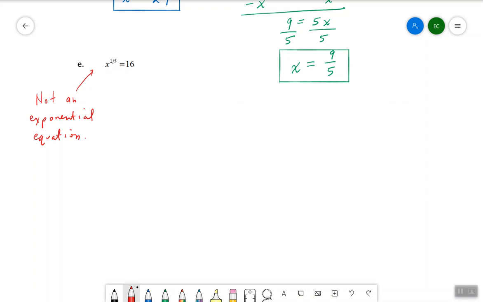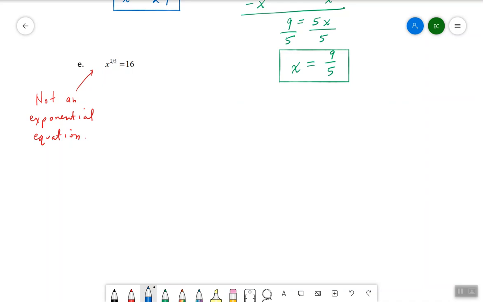Okay, so the variable is back down in the base like it used to be in chapters 1, 2, and 3. And so we need to isolate x. Probably the quickest way to do that would be to raise both sides of the equation to the reciprocal power.